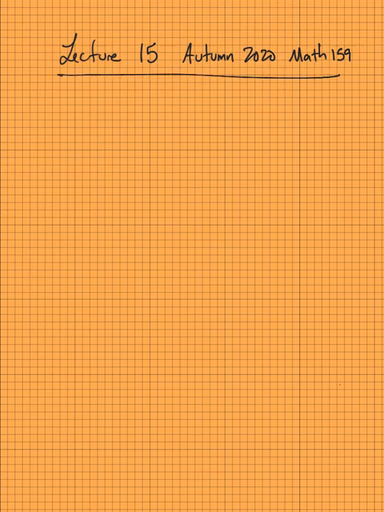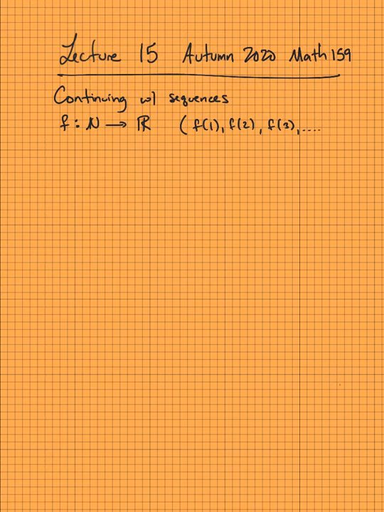So we're going to be continuing with sequences today. Remember, we defined these at the end of the last lecture. You can quickly define these as just functions from N to R. In other words, they're ordered sequences where we have f(1), f(2), f(3), and so on.